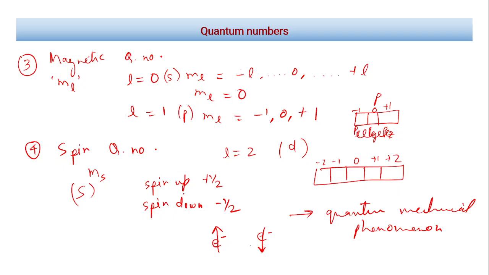Initially when something interesting was seen, it was thought that the electron is actually spinning on its axis up and down, that's why the name spin angular momentum was given. But in reality, this is just a quantum mechanical phenomenon, and an electron cannot spin on its axis. It would lead to violation of other laws. So it's not actually spinning, just to make this clear, because many times people have this misconception.